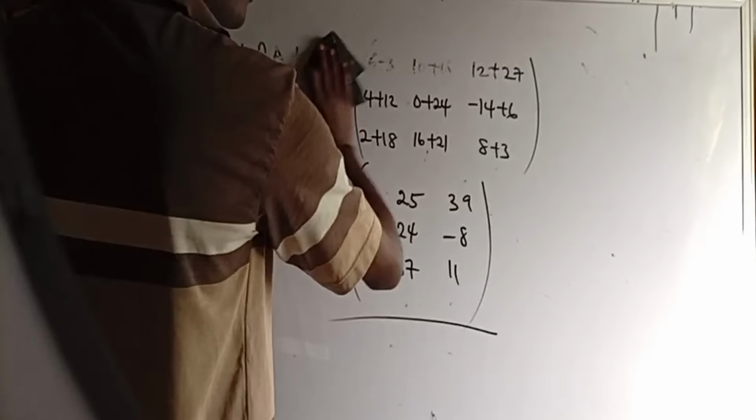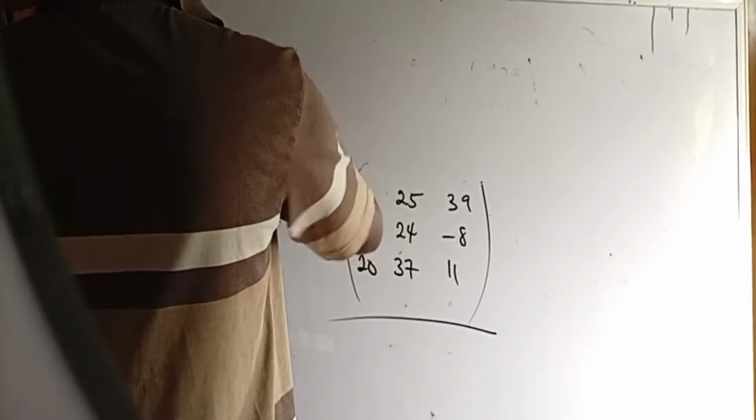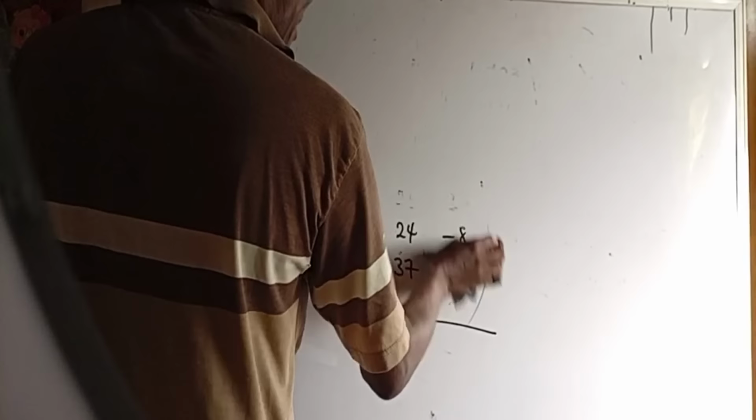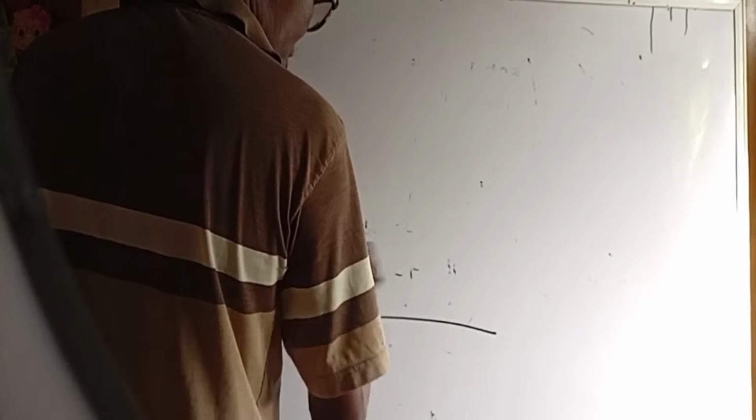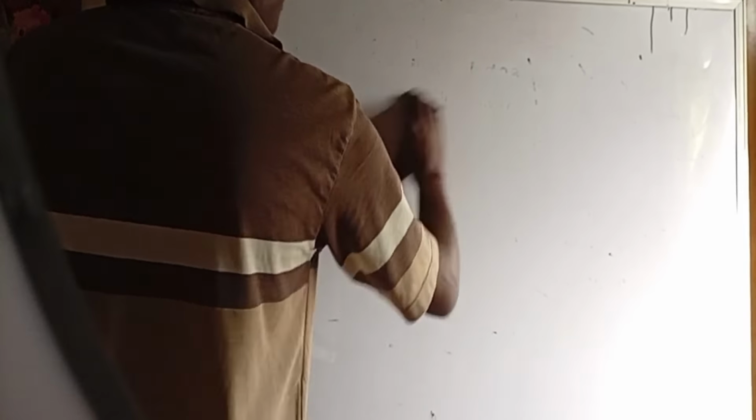Now, we also learned something called equality of matrices. When are two matrices said to be equal? Two matrices are said to be equal if their corresponding entries are equal. What do I mean? Let me give you a good example.